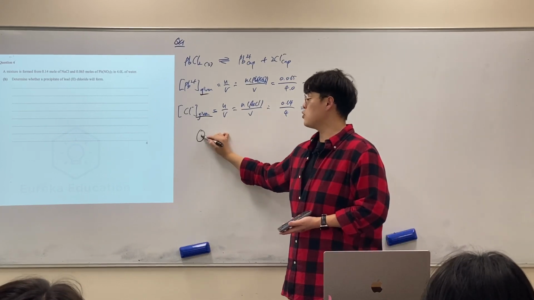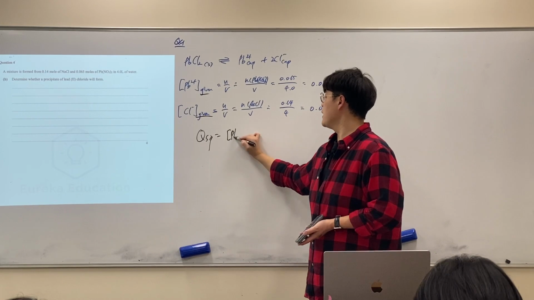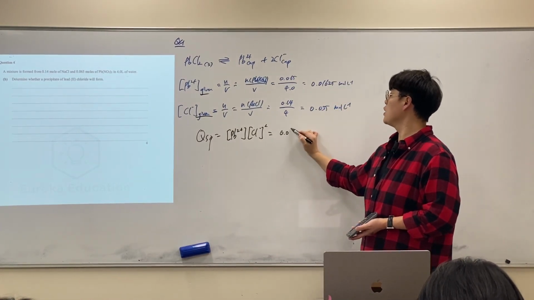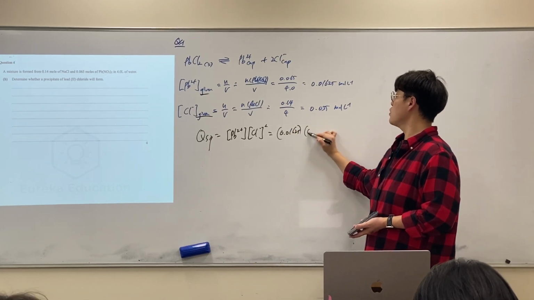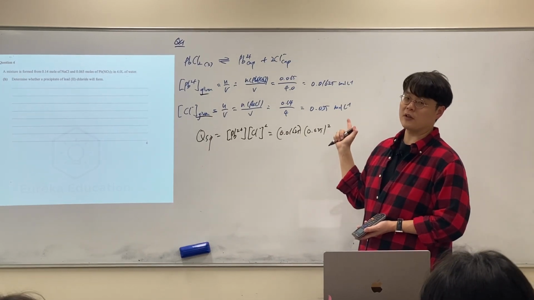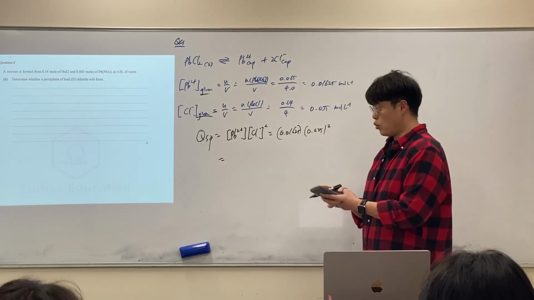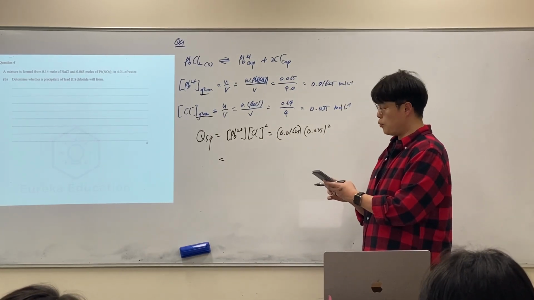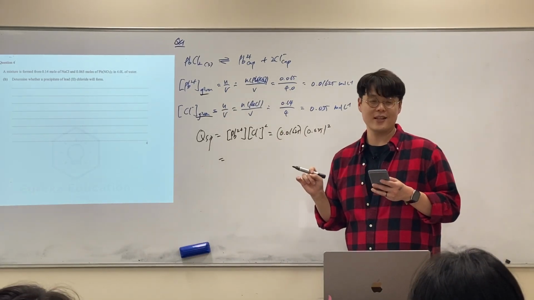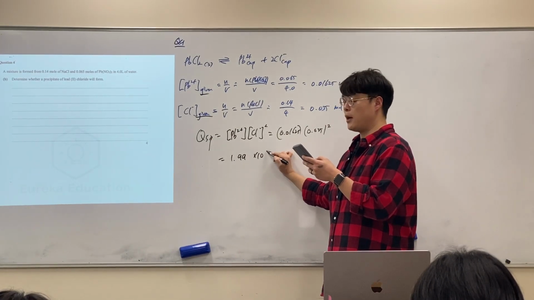Then, time to find the Qsp, the quotient. Qsp can be found by the lead concentration times the chloride concentration squared, which is 0.01625 times 0.035 squared. Don't ever try to find the limiting reagent here. This is not a question for that. Then we get 1.99 times 10 to the power of minus 5.